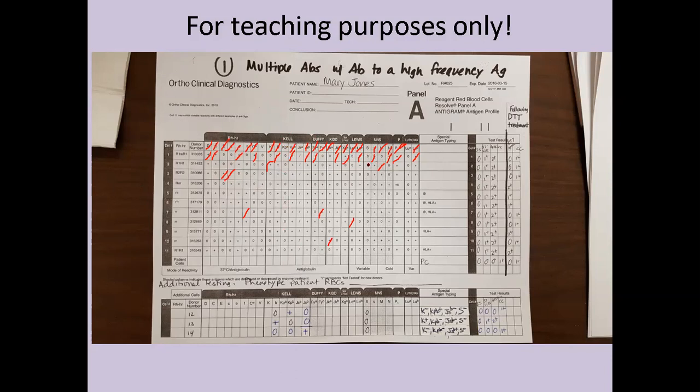We have 1, 2, 3. First 3 cells are antigen negative. First 3 cells did not react with our patient. Okay. We have 2+. The next 3 cells, 4, 5, and 6, reacted with the patient. And we see 4, 5, and 6, the antigen is present. Okay. And we see different strengths of reactivity here.